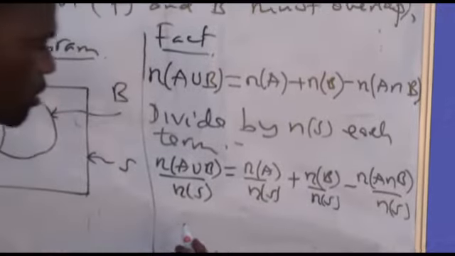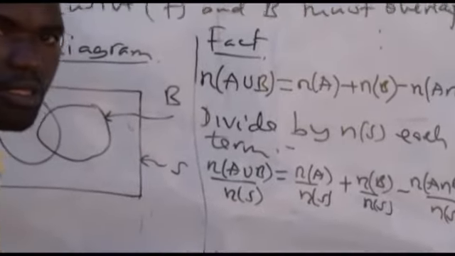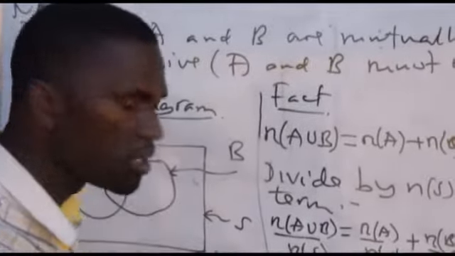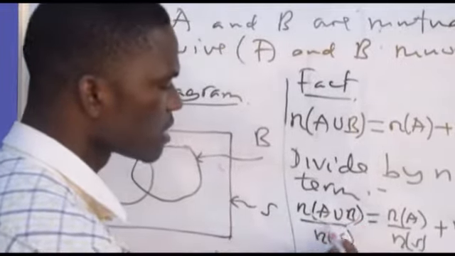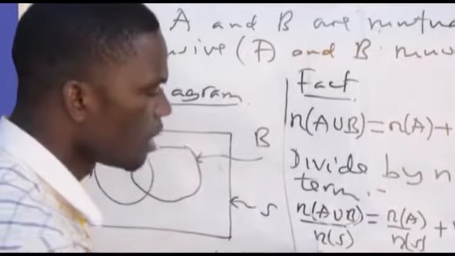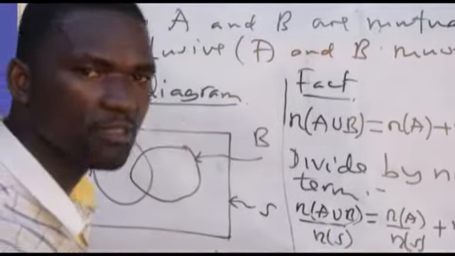So here now is where everything turns to be a probability formula. A union B represents the combined event.